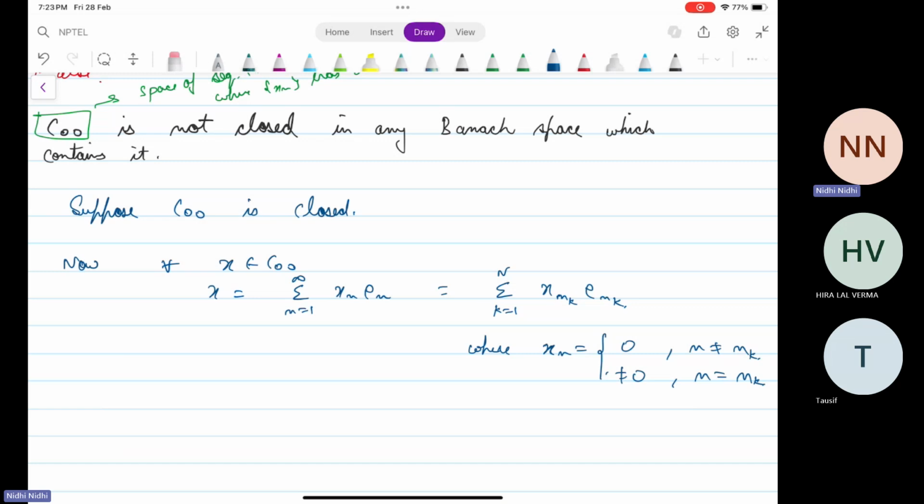So I have taken just the non-zero terms, and since it has finitely many non-zero terms, the sum turns out to be a finite sum.